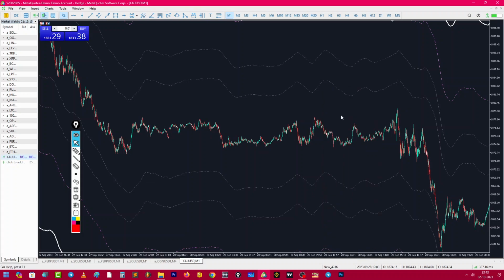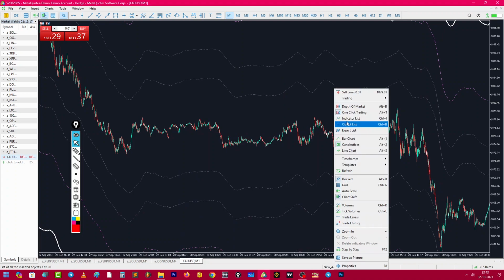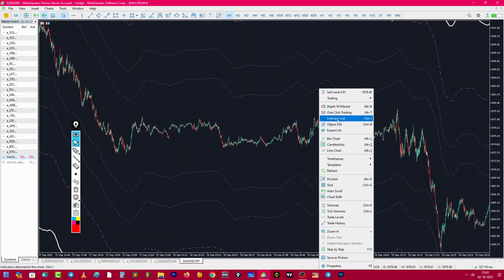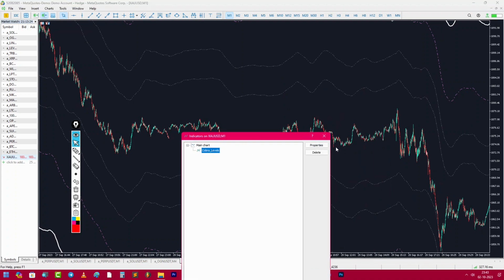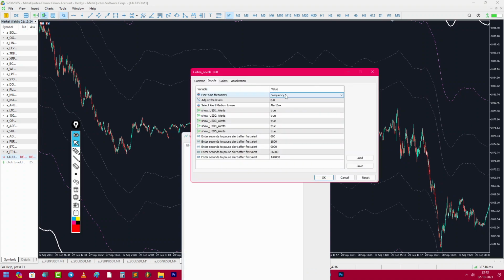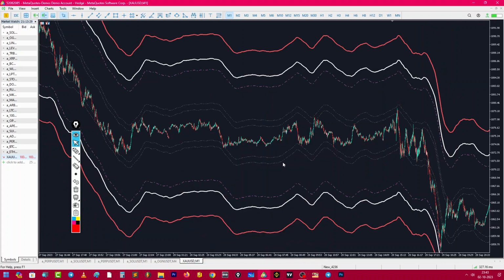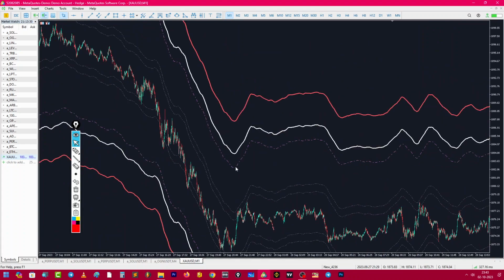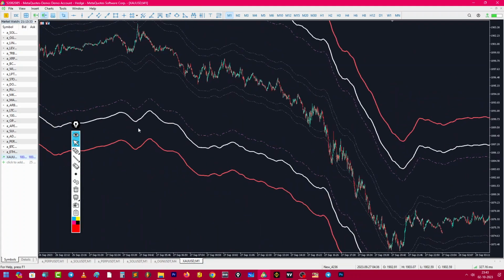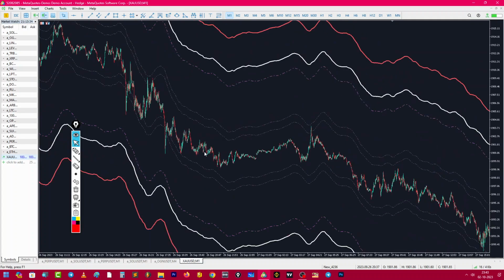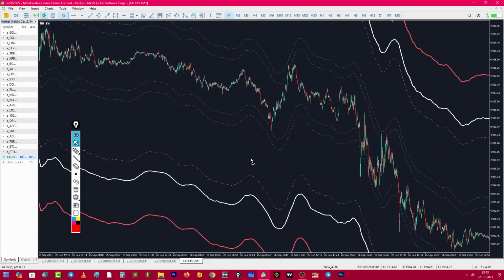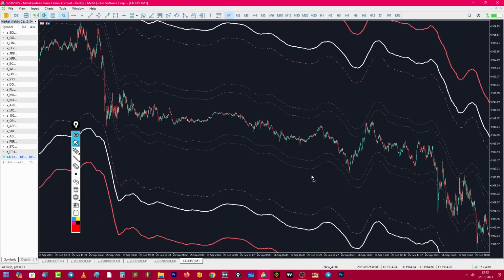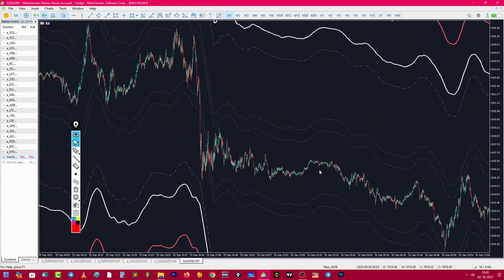So what you have to do is go to the indicator settings, Cobra Levels, properties, and here you have to select frequency 2. Once you select frequency 2 for the gold chart, let me show you how it's going to work. Okay, I may start from any random location, for example this one.